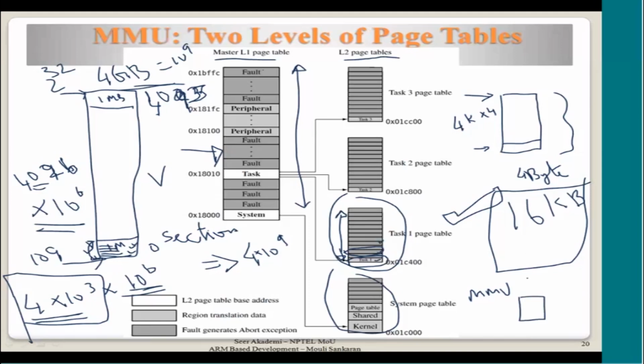So let me summarize. In the virtual space, 4 GB of space only is possible. That virtual memory is split into 1 MB each. In that case, there will be 4096 sections of 1 MB each. So we need one table, called the master table, which will translate where each particular 1 MB space in the virtual space is in main memory.